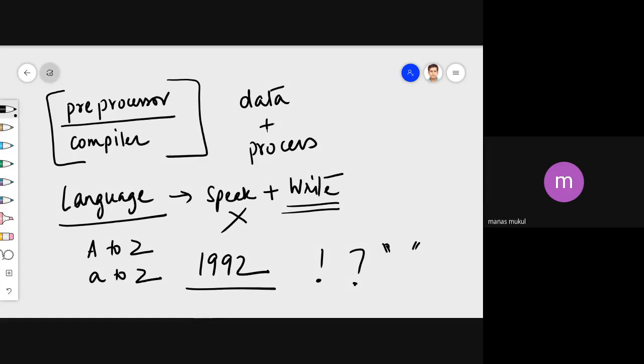Also, when we write a language, for example if I write a sentence like "howareyou doing?", is there a problem with this sentence? Anyone? Okay, let me rewrite it. "How are you?"